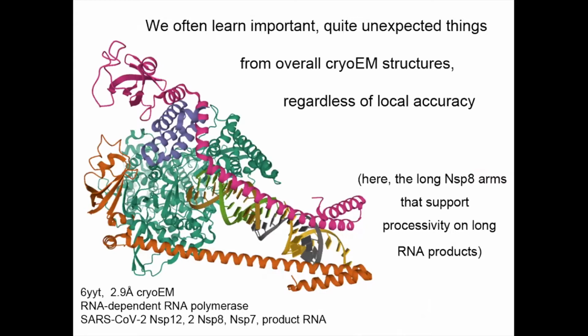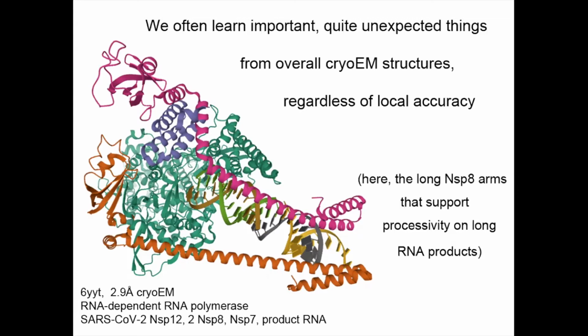And they've shown really amazing, completely unexpected things, like this neat structure of the RNA-dependent RNA polymerase that now for the first time shows what happens when it's really working and it has a long product RNA, and these N-termini from the NSP8 fold up into this very long helix and help hold the RNA. And so that's how the virus deals with its very large genome.